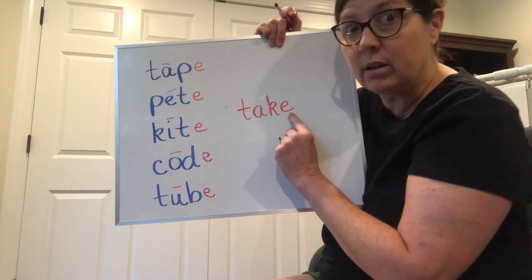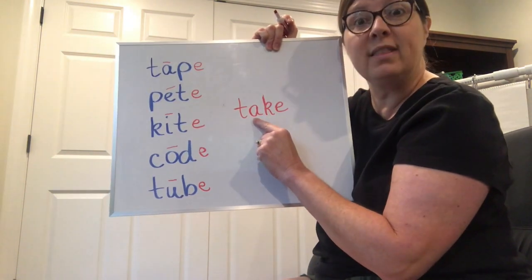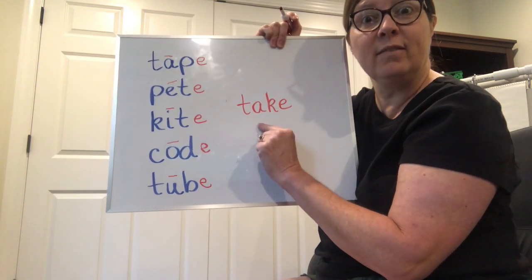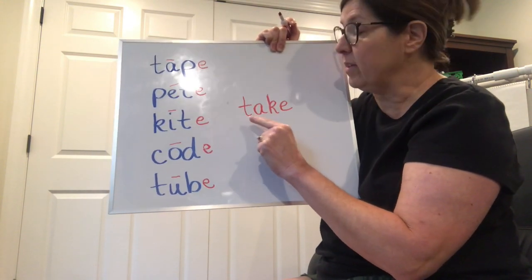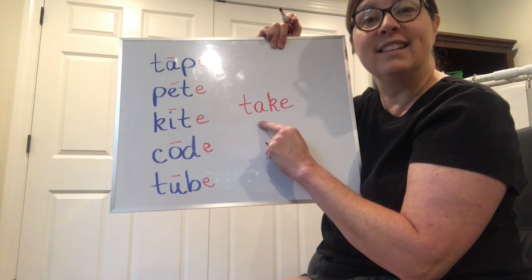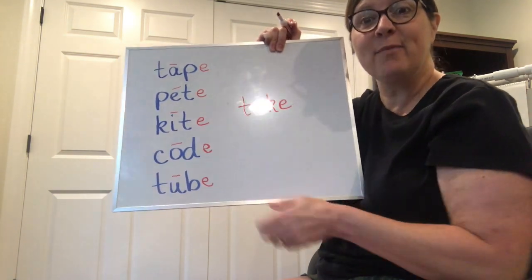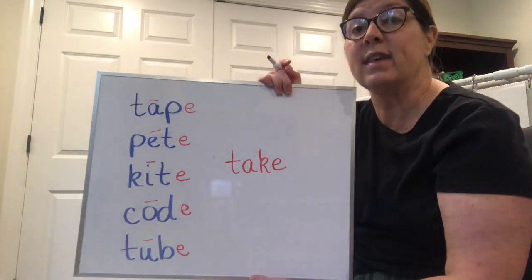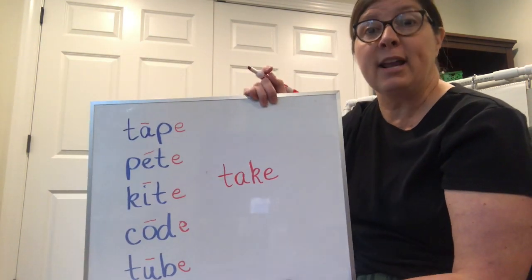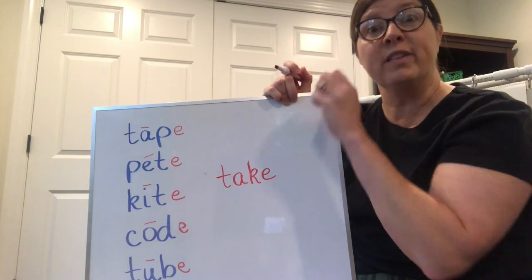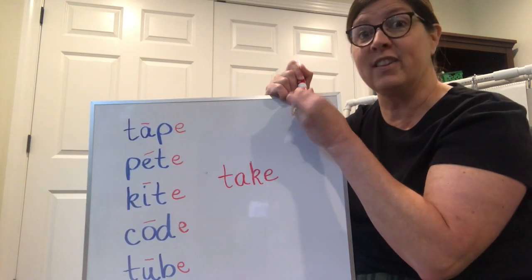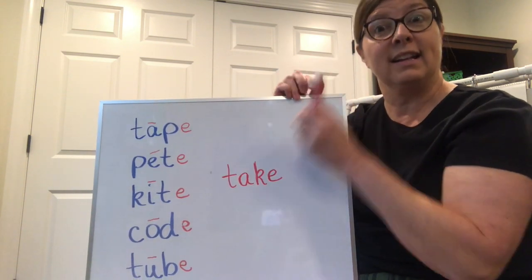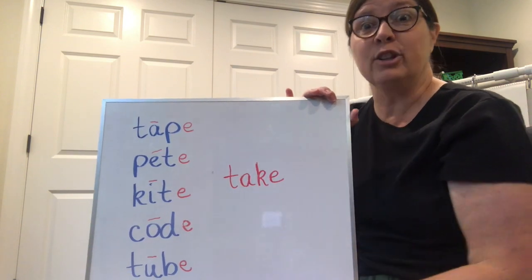We don't hear it, okay, but that means that it makes the vowel say its own name. So instead of tack, we say take, A, all right? So don't worry, we're just introducing this. We'll be doing some activities with this week. And also, I'm hopefully going to find a quiz for Friday that you can work on, because I know a lot of you had fun with that. And I'd like to do it with the silent E and the long vowels.